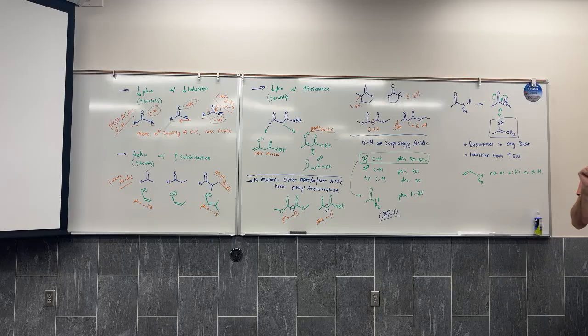That means for every 1 molecule of ester that gets deprotonated, roughly 100,000 molecules of ketone could have been deprotonated. That's how much more acidic the ketone is. And then again, for every molecule of ketone deprotonated, there's 1,000 molecules of aldehyde deprotonated.